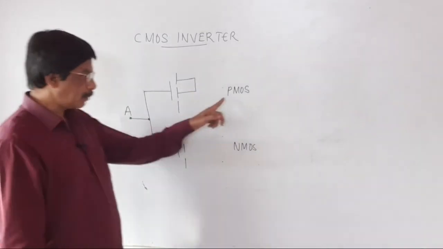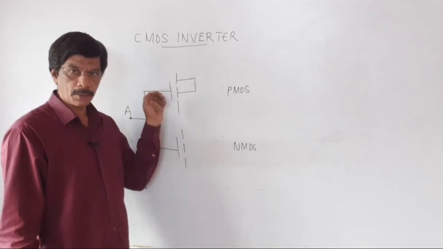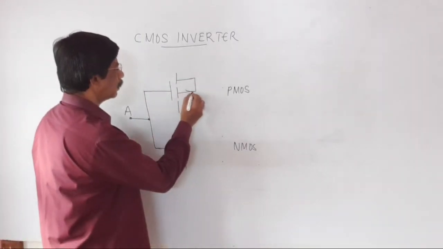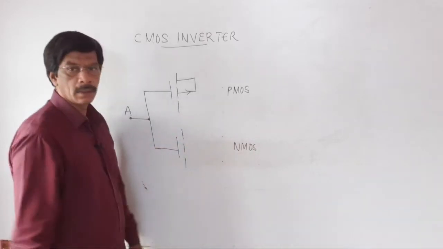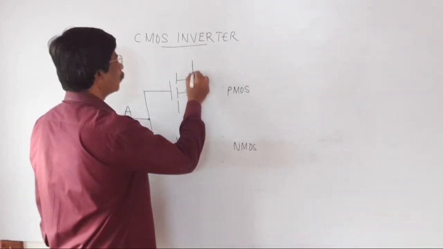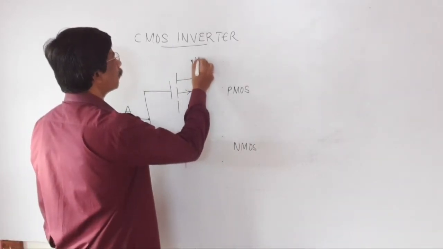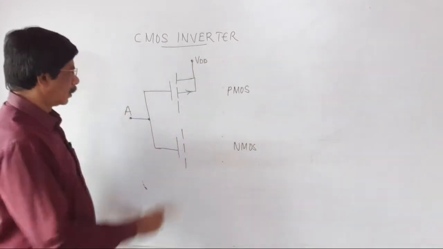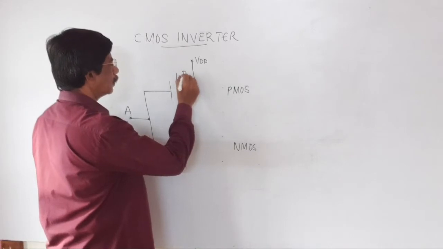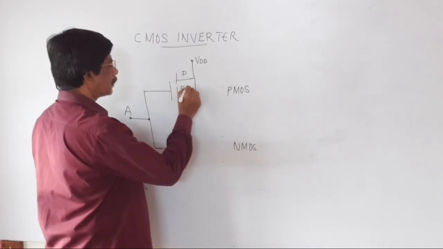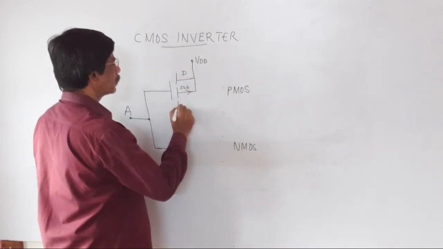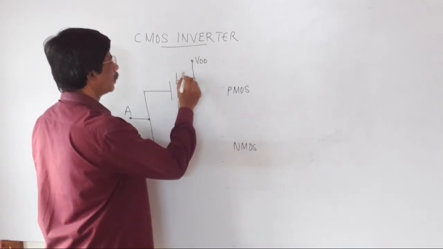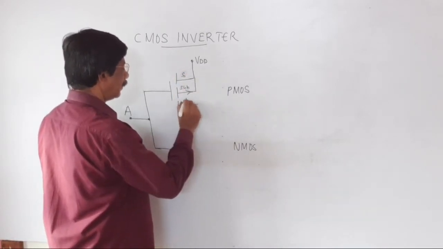In the case of PMOS transistor, the arrow is moving away from the gate terminal. This is connected to positive of the power supply, plus VDD. This is a drain terminal. This one is substrate. This is source terminal. This one is the drain terminal.